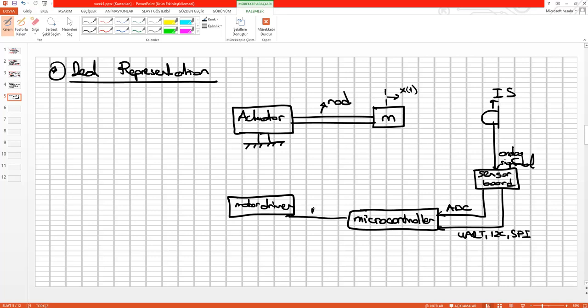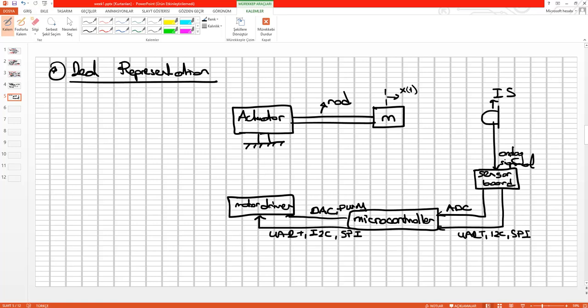This could be DAC or PWM, but we may also utilize UART, I2C, or SPI communication to drive these drivers, okay?